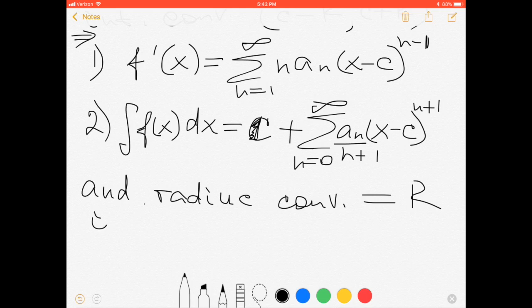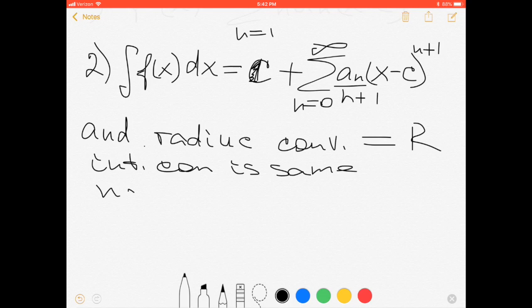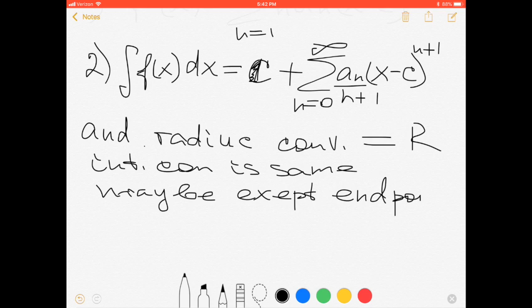And the interval of convergence is the same, maybe except the endpoints.